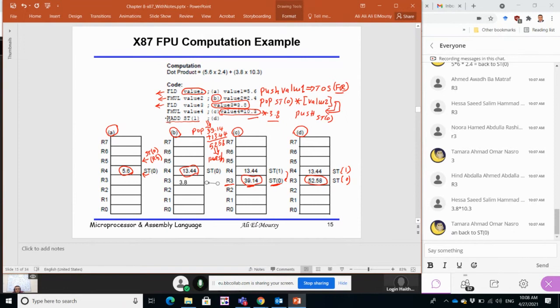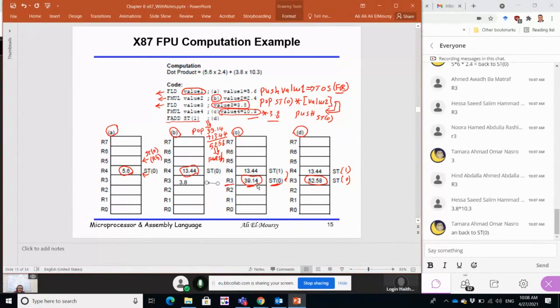Then the last instruction is F add with ST1. As we mentioned, the default is ST0. So ST0 is involved in the operation, which is register 3, 39.14.